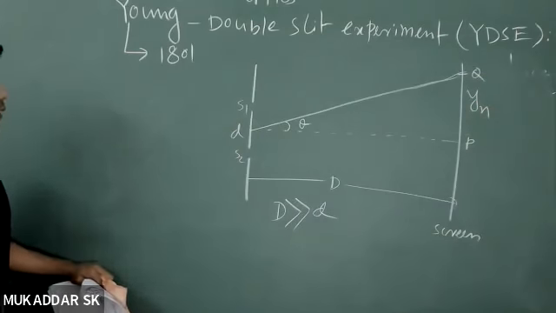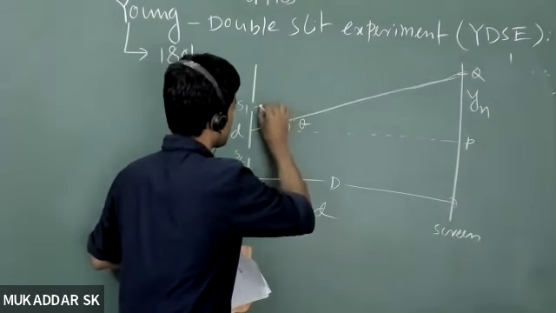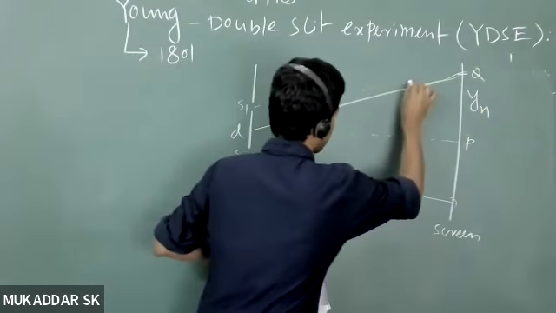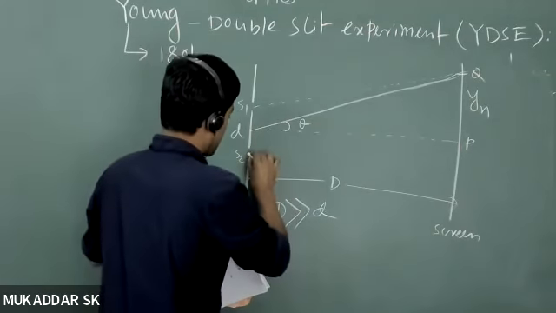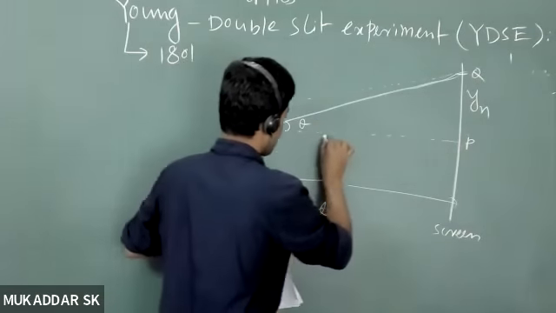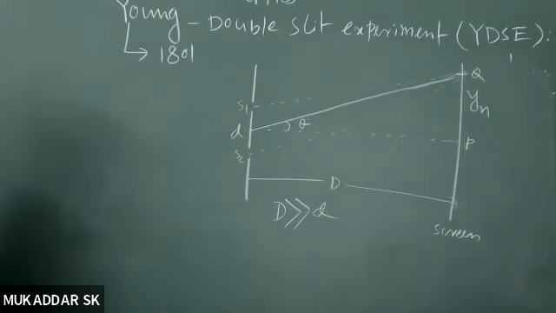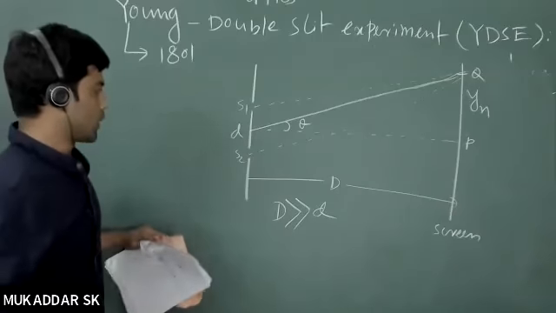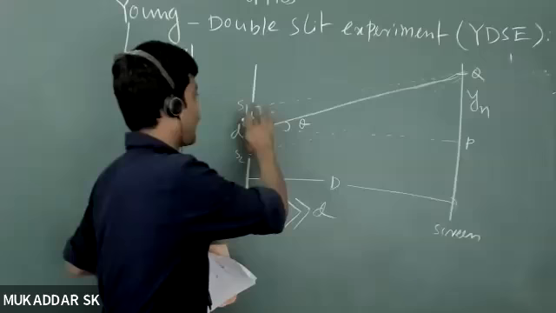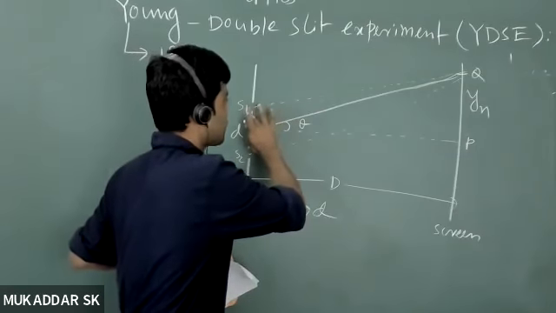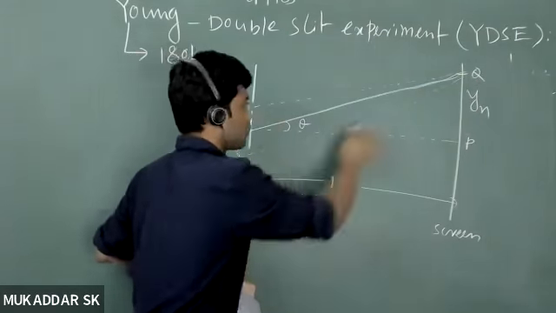So light will pass through S1 and come to point Q. Also, light will pass through S2 and come to Q. Now, what will be the path difference between the light coming from S1 going to Q, and the light coming from S2 going to Q?